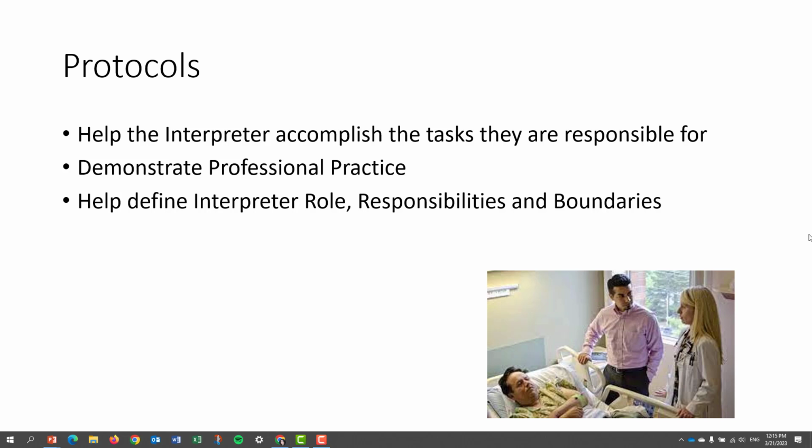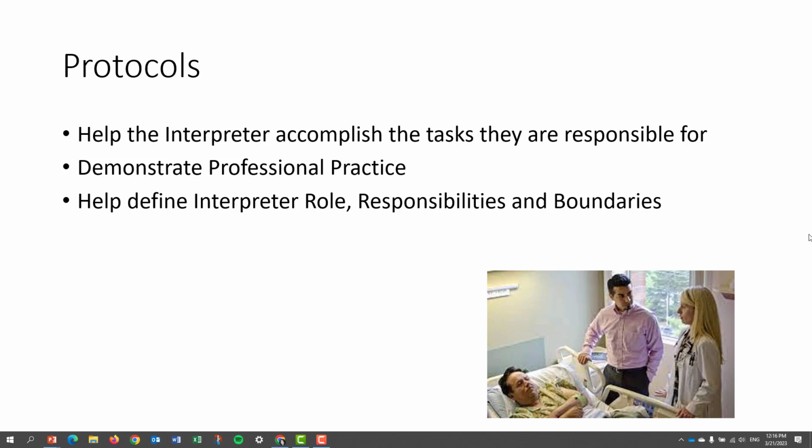Protocols also help define the interpreter's role, not only for the interpreter themselves, but also for the other participants in an encounter. It helps you communicate through the way that you practice. The guidelines and the practices that you employ in order to do this also help you establish your boundaries and define your role for the other participants.